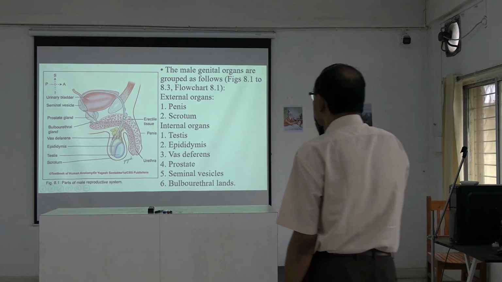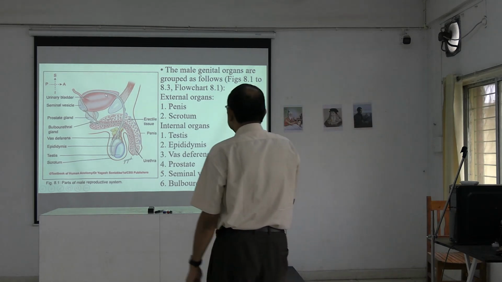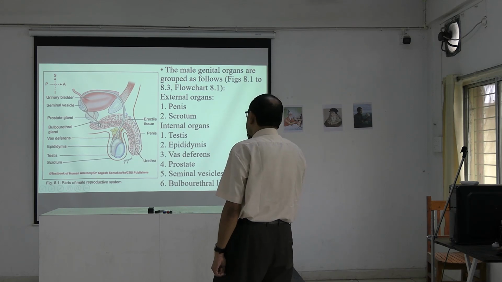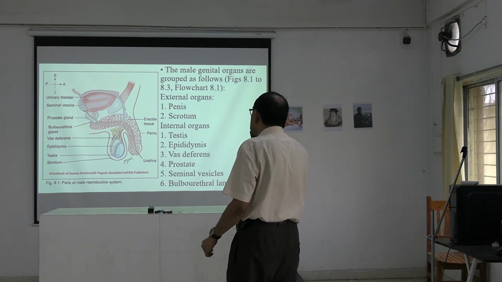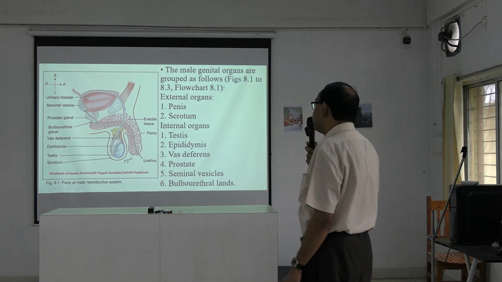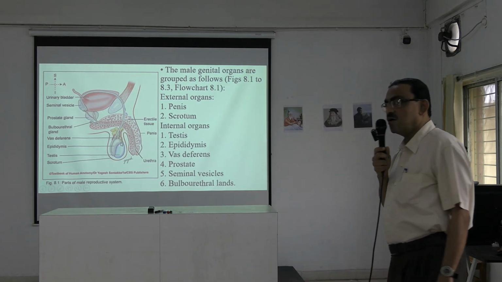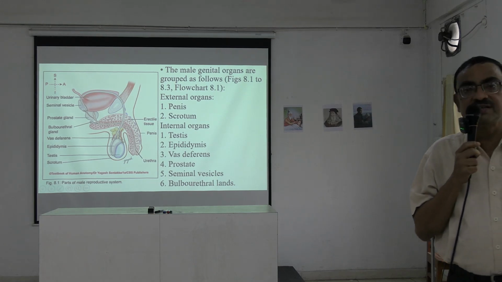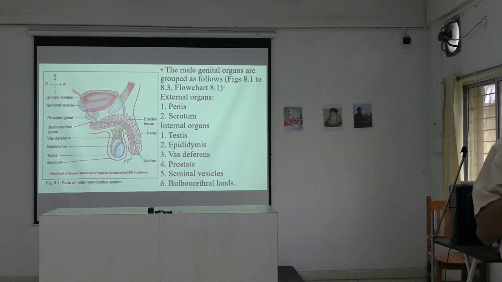Now we can also find in the posterior part of the testis, there is a comma-shaped area. Already you should have some idea about this structure. This is nothing but epididymis.